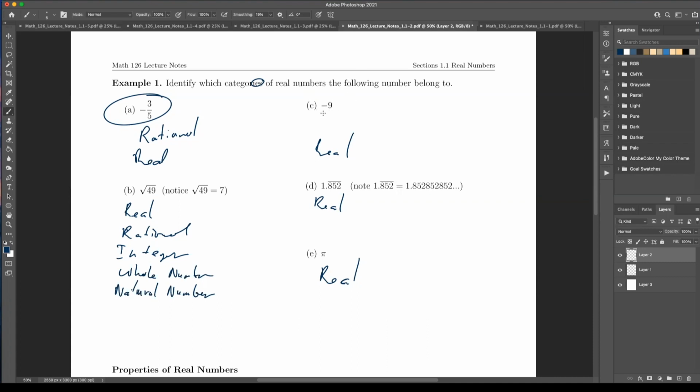So this is also a rational, and it's also an integer. And the reason I'm going over this is I want you to understand that numbers can be part of more than one category. Okay. It's kind of like I'm a human, right? That's one category, but also I'm American.